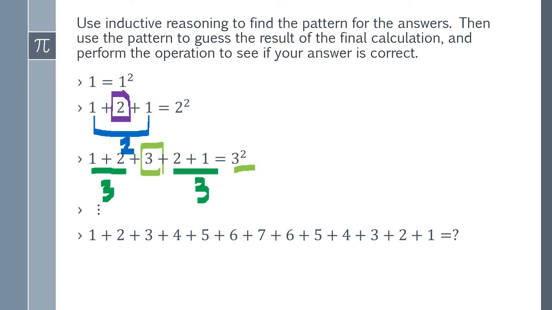So from this pattern, how are we going to know our question mark? You can actually do a few more patterns. This is called the ellipsis, which means that there are still some expressions in between.